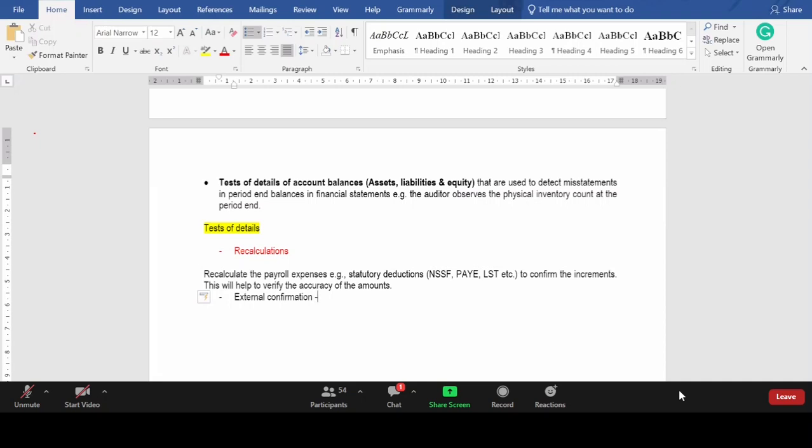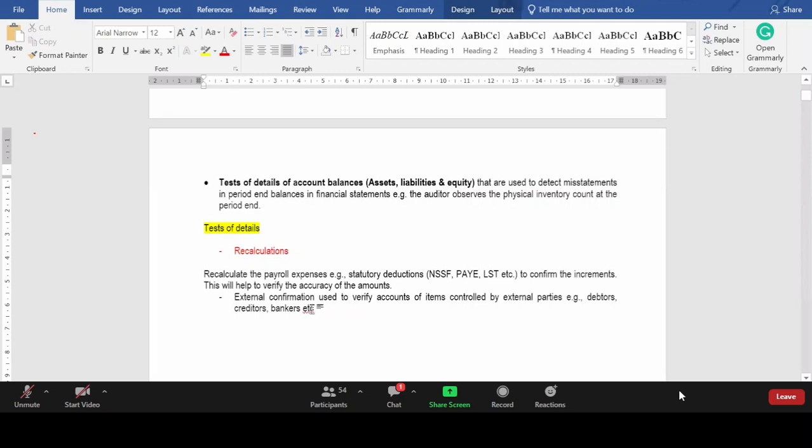Now this is used to verify accounts of items controlled by external parties, e.g. debtors, creditors, bankers, we have our bankers, etc. So we can write to them to verify.